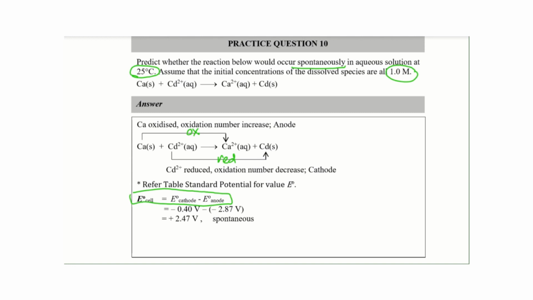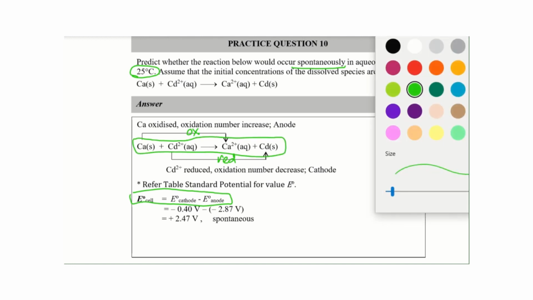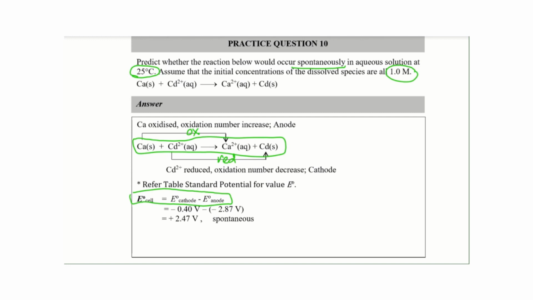So which one is the cathode? According to the overall equation, the cathode is cadmium ion producing cadmium solid, because Cd2+ produces Cd. That means the reaction undergoes reduction, so this one is the cathode.